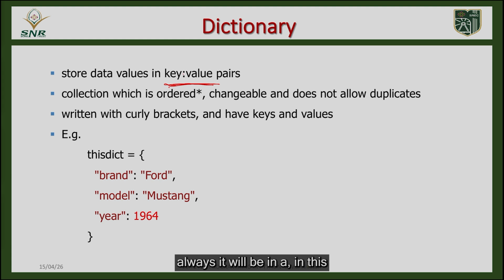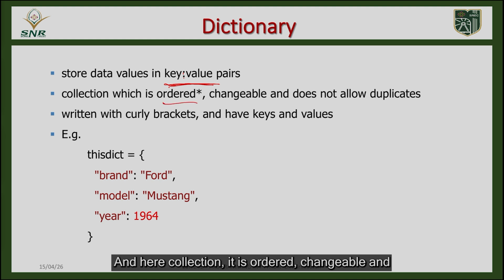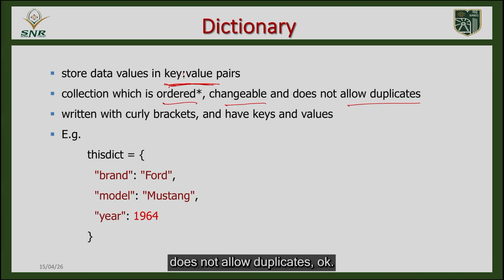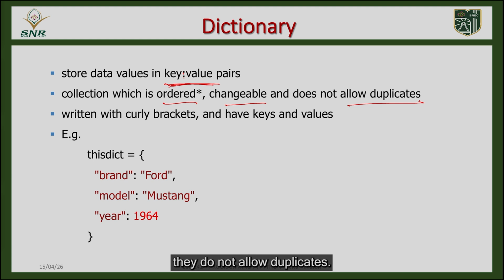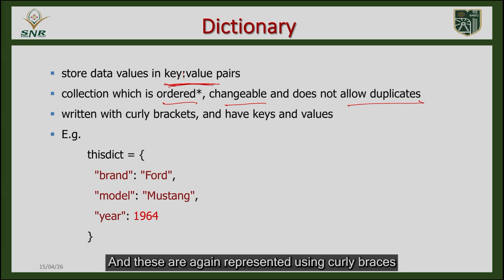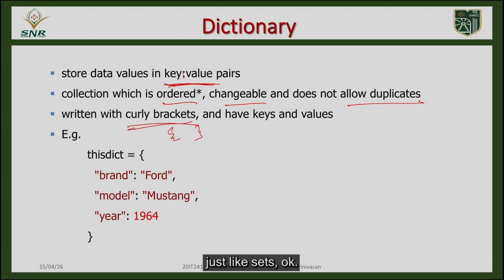Always it will be in this key value format, and key and value are separated using a colon. Here the collection is ordered, changeable, and does not allow duplicates. Sets also do not allow duplicates. Dictionaries also do not allow duplicates, and they are represented using curly braces, just like sets.